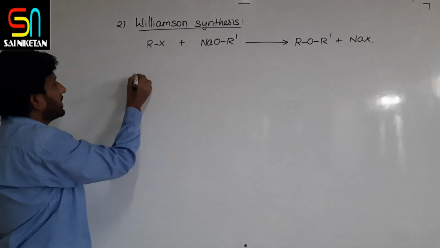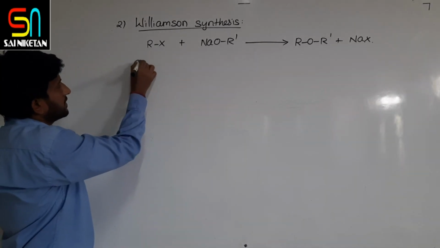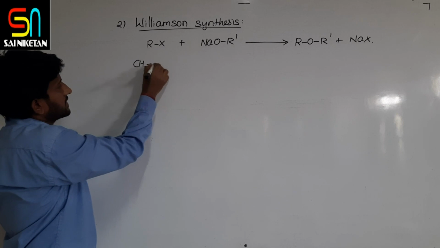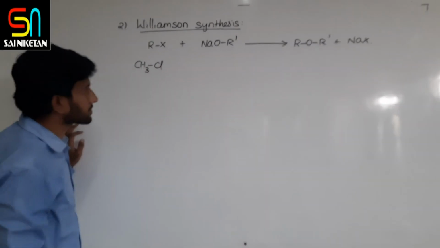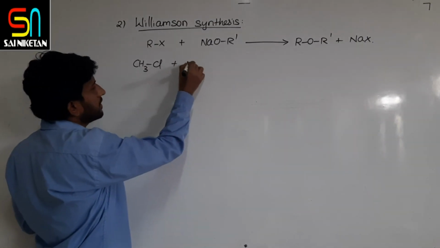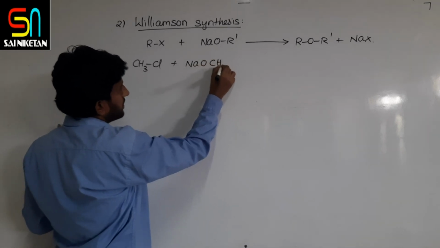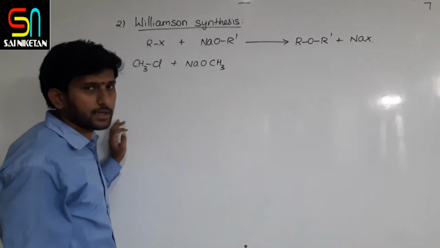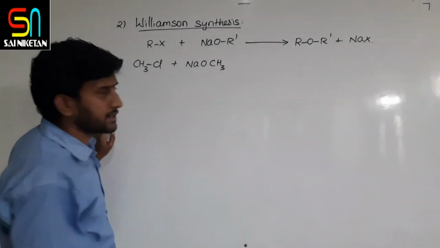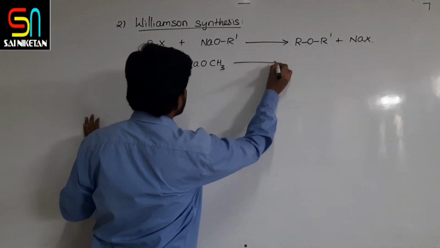Now in this method, for example, if I take one general example and write it: CH3Cl plus NaOCH3, sodium methoxide. So how can I write it?